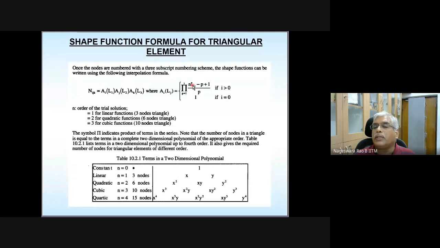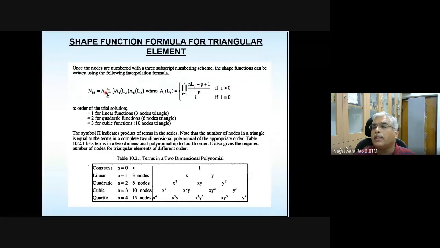So 1 times L1, and here P takes values 1 to I, which is 1. So one term is going to be there. P is 1 minus 1 plus 1, so it's going to be 0 divided by 1. So what you get, A1, L1 is going to be L1.